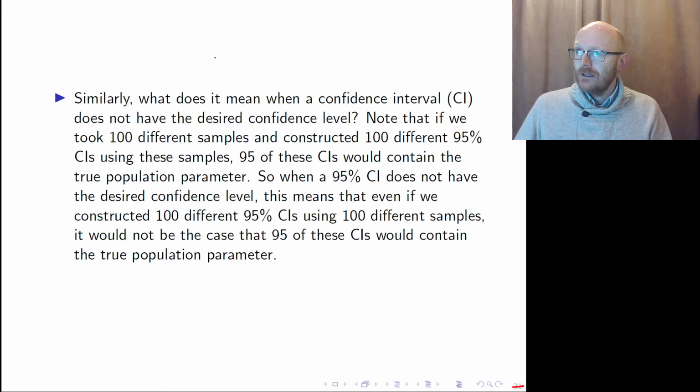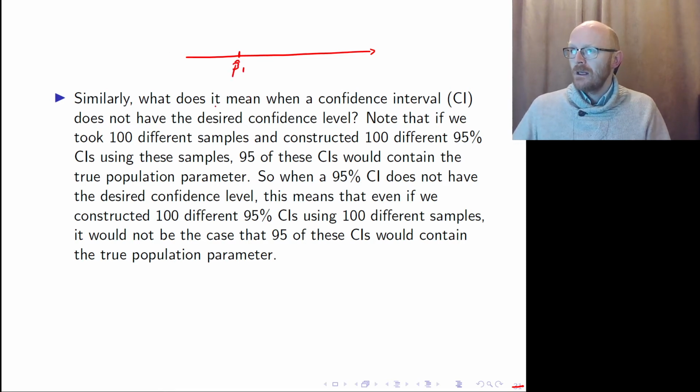if we look at the confidence interval, so this is, for example, the real number line, and this is our beta hat of our slope, then we create a confidence interval.